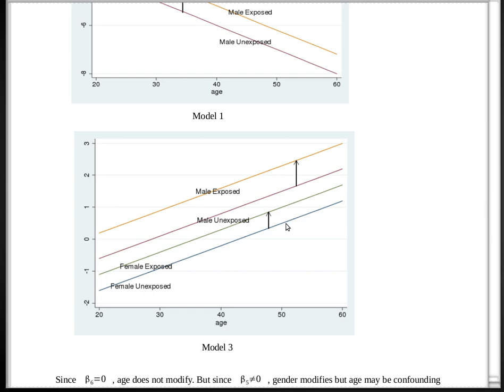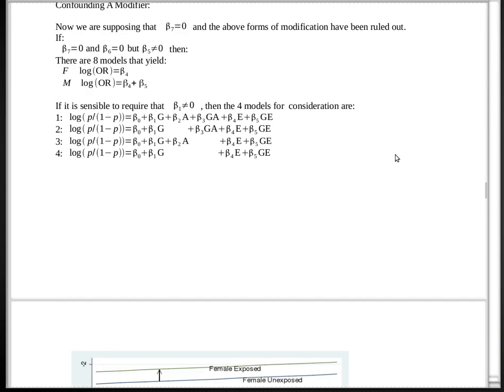In fact, all 4 lines now have the same slope. What's that slope? It's beta 2. There it is, right there. The only place age comes into model 3 is in beta 2. And beta 2 is the assumed common slope in all 4 groups.